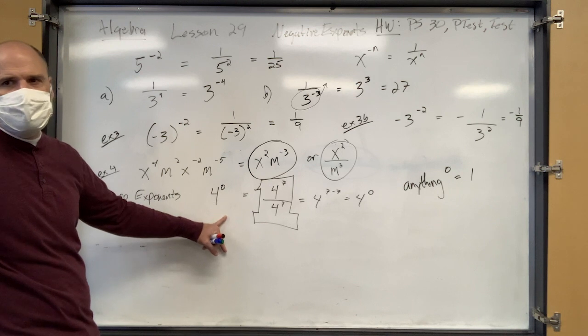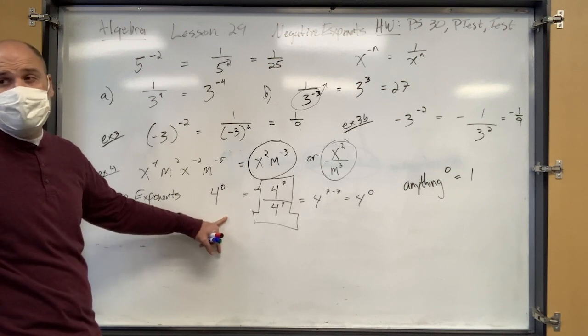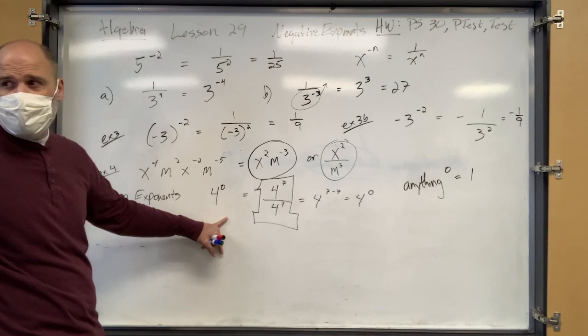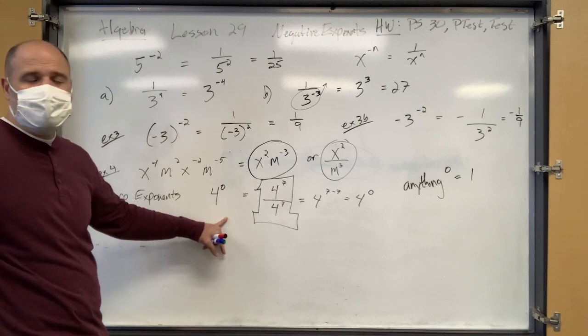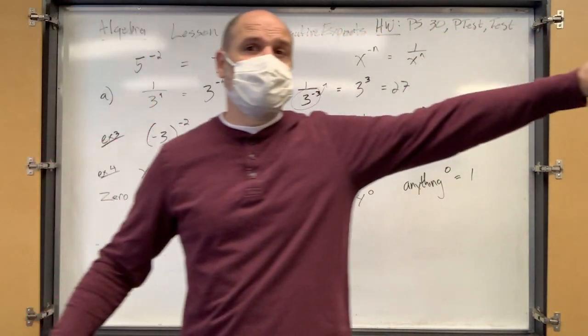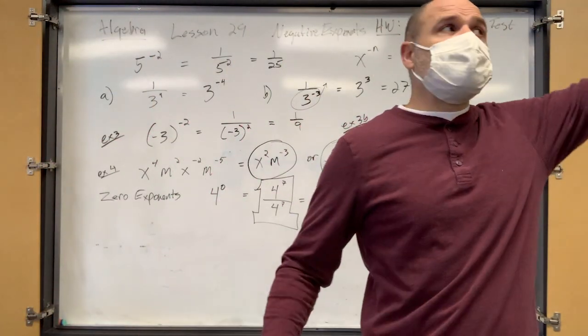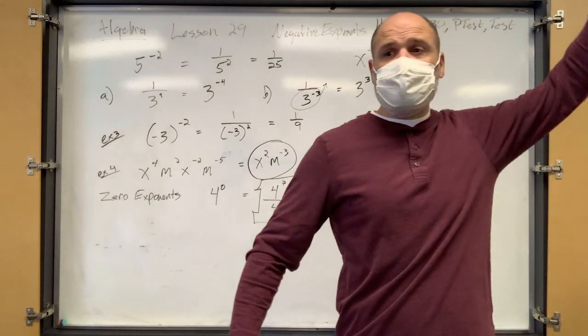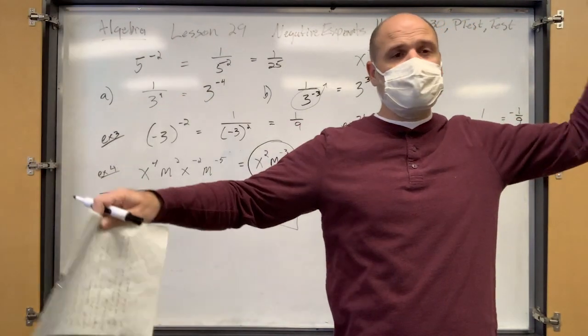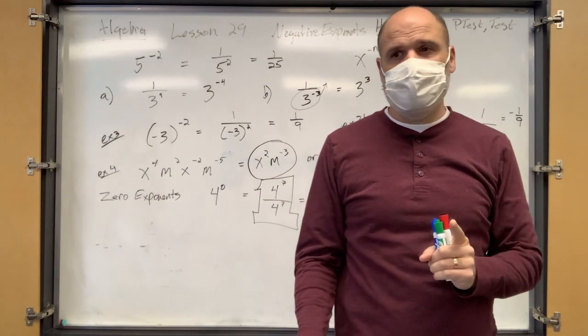This is a nice rule if you can remember it. So any variable, any expression, like if you have a big parenthesis a mile long, and on the outside of the parentheses there's a cute little 0 exponent, then that whole mile long parenthesis just equals 1. That's a nice rule.